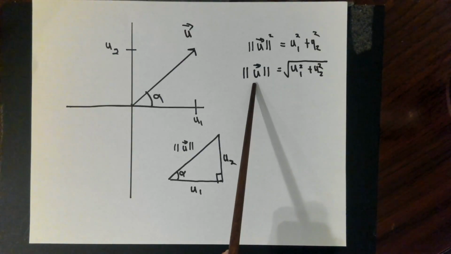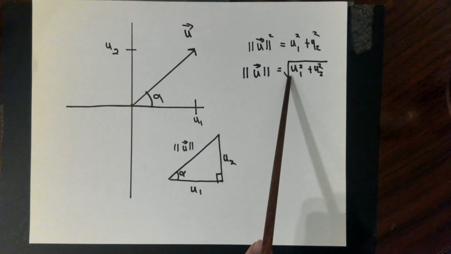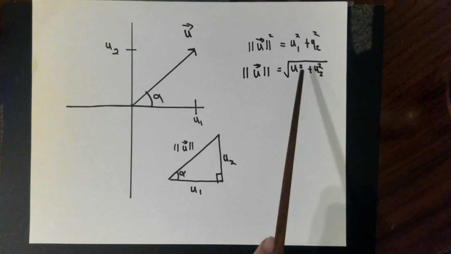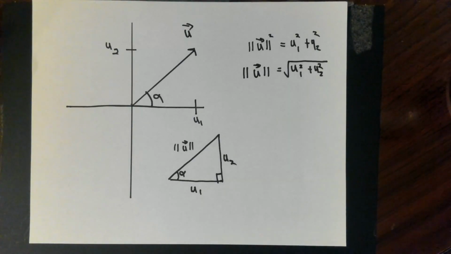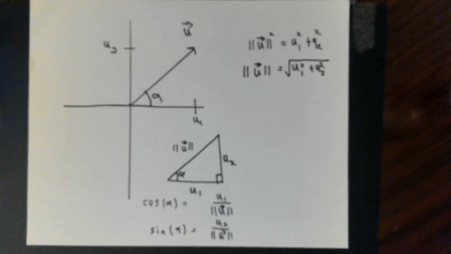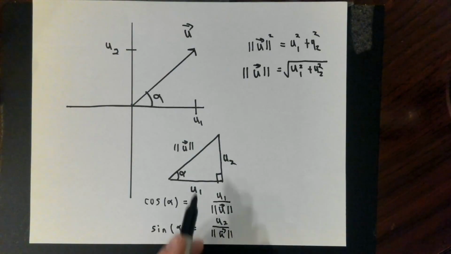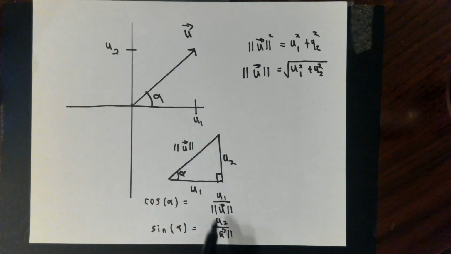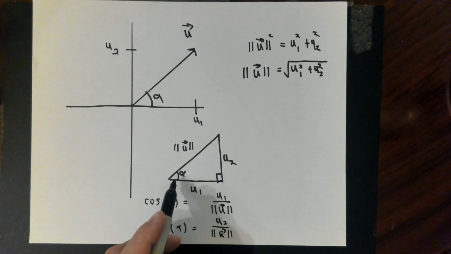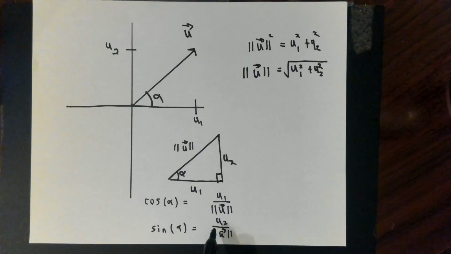The norm of a vector is the square root of the sum of the squares of the two components. On the other hand, cosine of alpha is adjacent u1 divided by hypotenuse, norm of u. Sine alpha is opposite alpha, u2, divided by the hypotenuse.